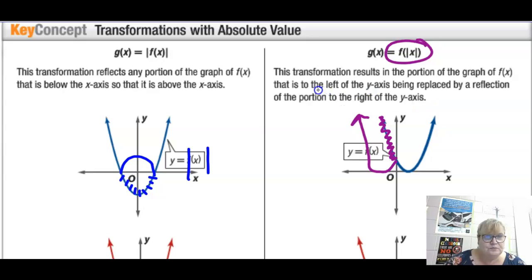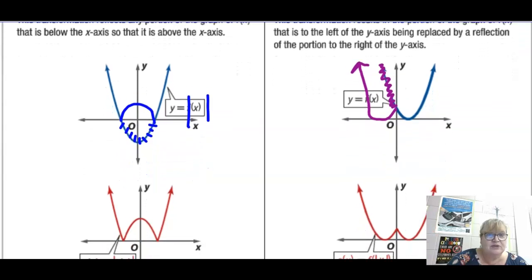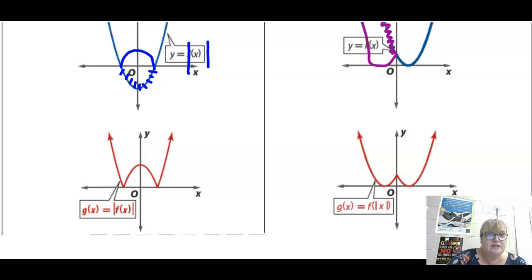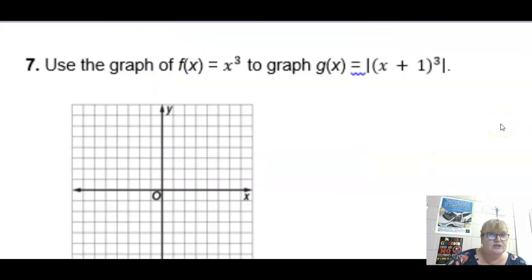It says the portion to the left of the y-axis is replaced by a reflection to the portion to the right of the y-axis. Someday maybe we'll do a matching activity during a Google Meet where we can try to identify some of those absolute value ones, but it is not one that I put on any of the questions we did today. So I have an example here, though, just to practice one more time.